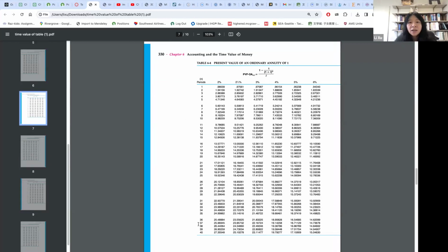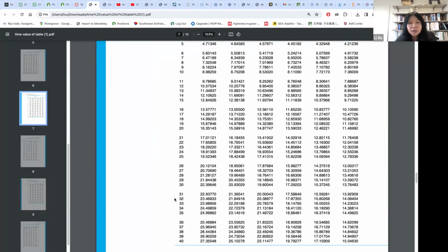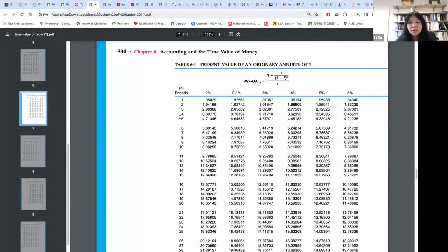And remember what we're looking for: n is equal to 10, I is equal to 3%. If you look here, it should be 8.53020. That is the factor we're going to take for our calculation. So let's take a look at what we have here.